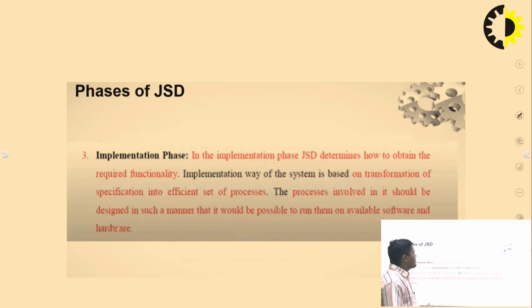The implementation of the system is based on transformation of the specification into an efficient set of processes. The processes involved should be designed in such a manner that it would be possible to run them on available software and hardware. So basically this phase talks about the code and the deployment.